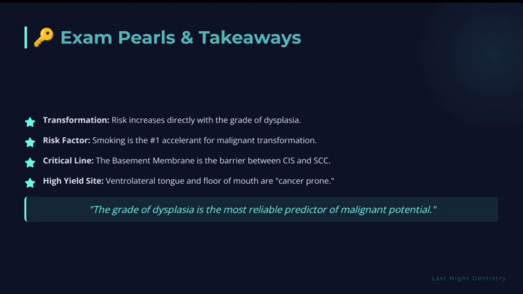Mild dysplasia may regress, but severe dysplasia carries high malignant potential. Carcinoma in situ means full thickness dysplasia with basement membrane still intact, and once invasion occurs, it becomes squamous cell carcinoma. So, clinically, never ignore persistent white or red lesions in the oral cavity.